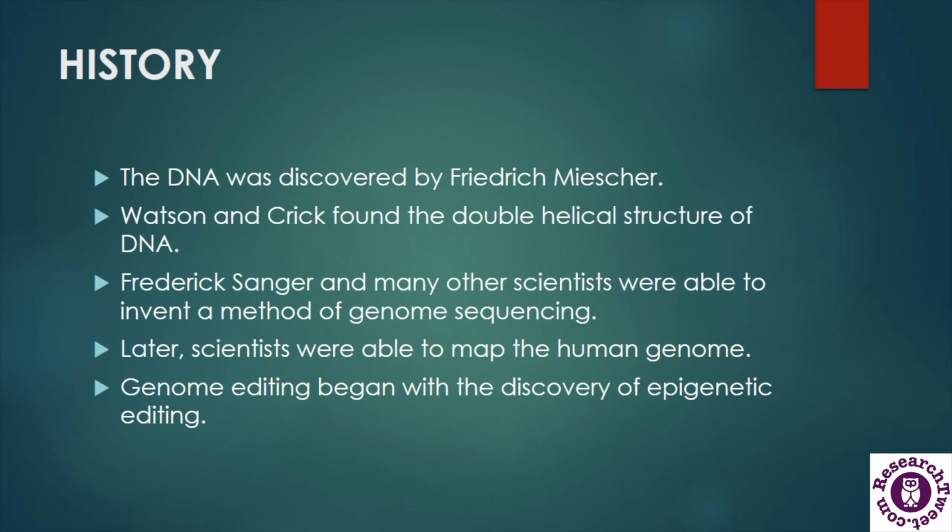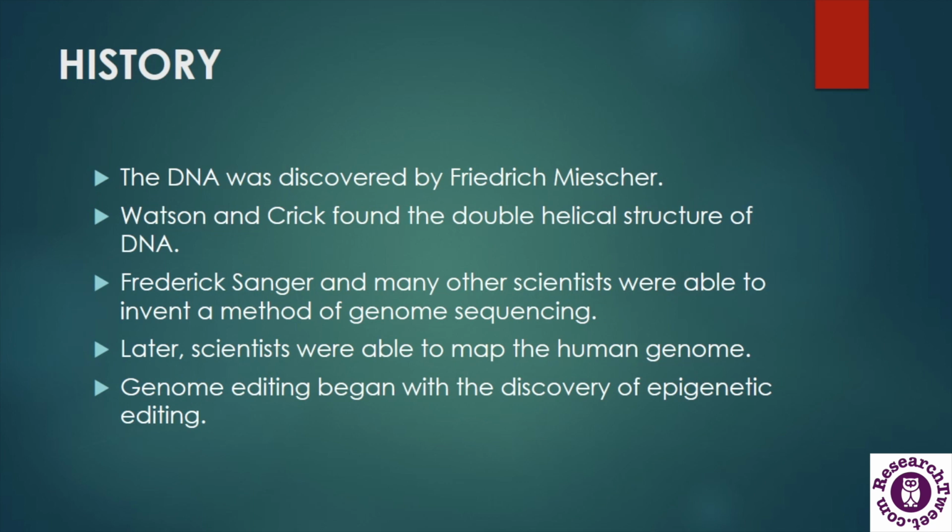Later on, a scientist named Frederick Sanger and many other scientists from worldwide were independently able to invent a method of genome sequencing. After that, scientists were able to map the human genome as well as the genomes of all the cellular organisms.